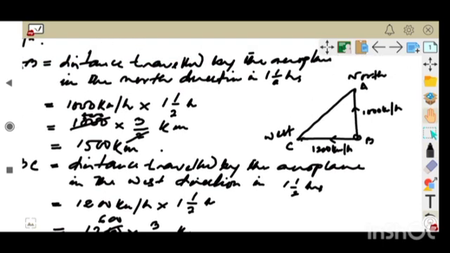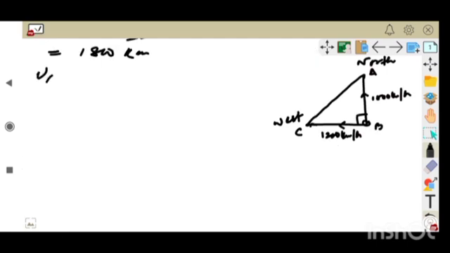Okay, now in this triangle, what happened? We know the length of AB and we know the length of BC. Now we can find AC. Don't forget, this is to be taken as a right angle only, using Pythagoras theorem.